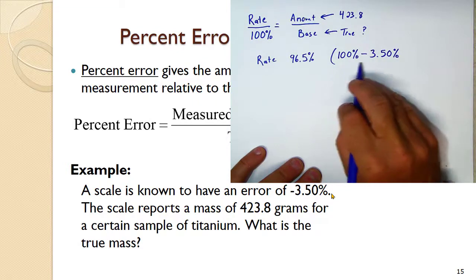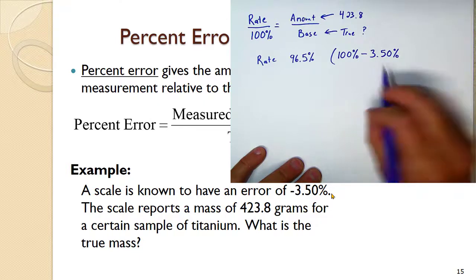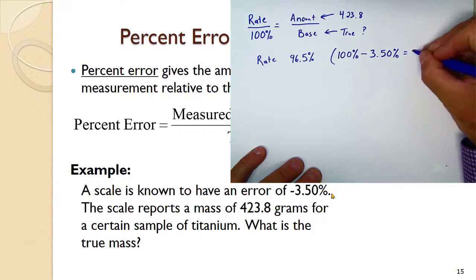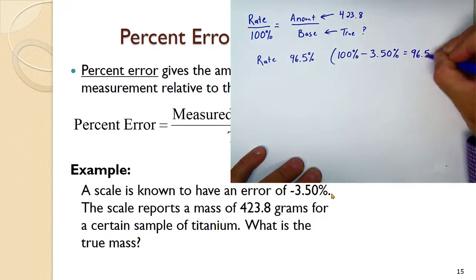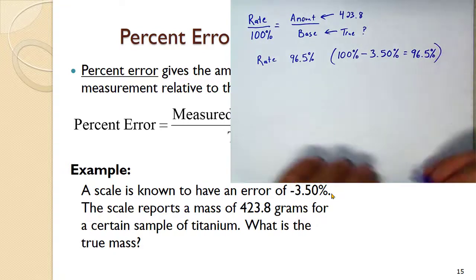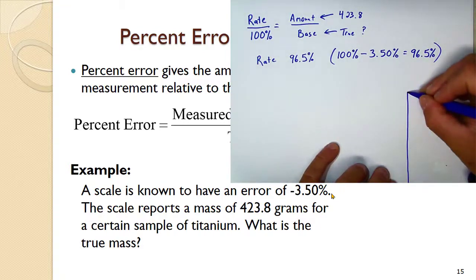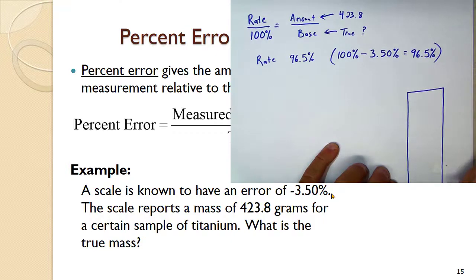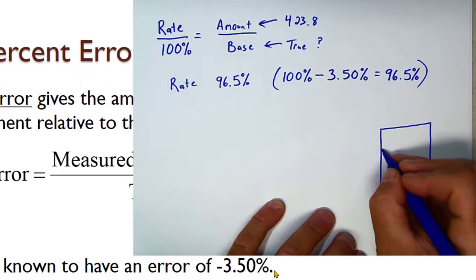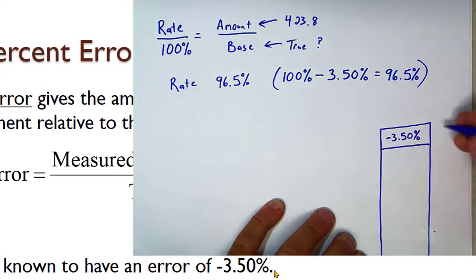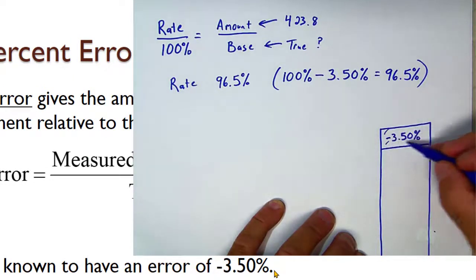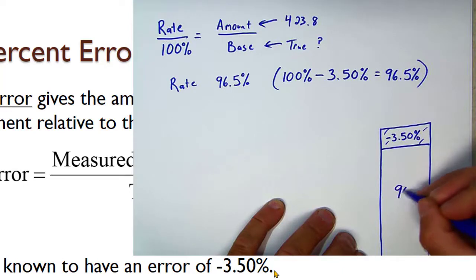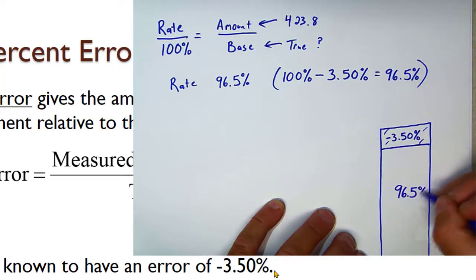If we take the full weight minus the 3.5% that the scale is not reporting, we're left with 96.5%. Visually, what we're saying is we would like a scale that reports all 100%, but it's not reporting 3.5%. That's our error. It's only reporting the other 96.5%.